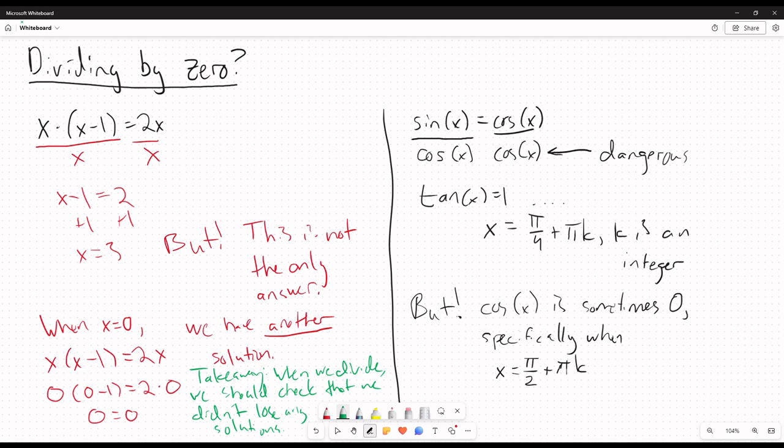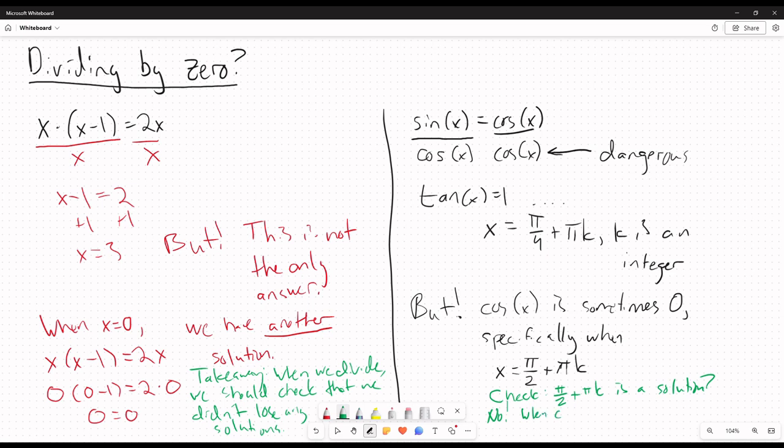So we should check, is pi over 2 plus pi k, are any of those solutions to our equation? The answer is no. And you can actually see this kind of easily.